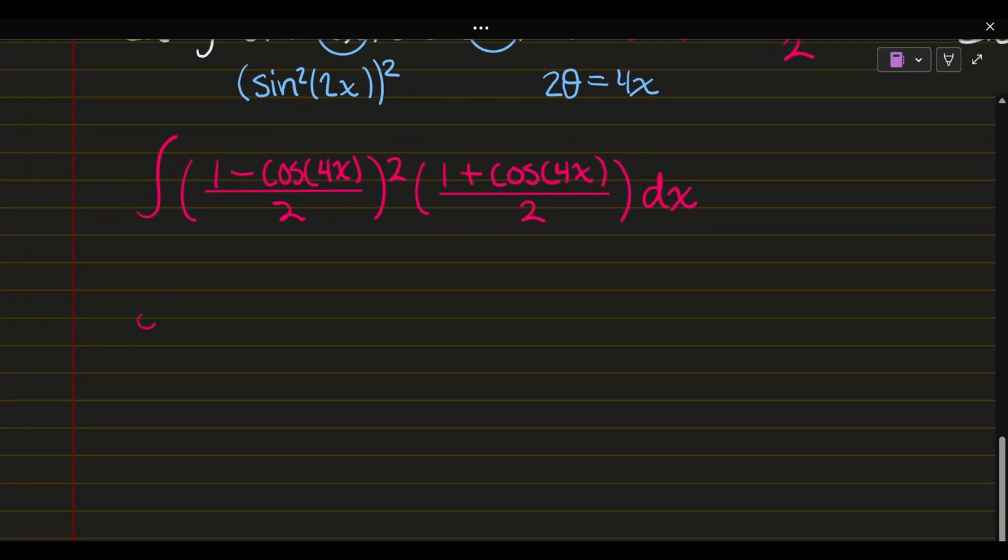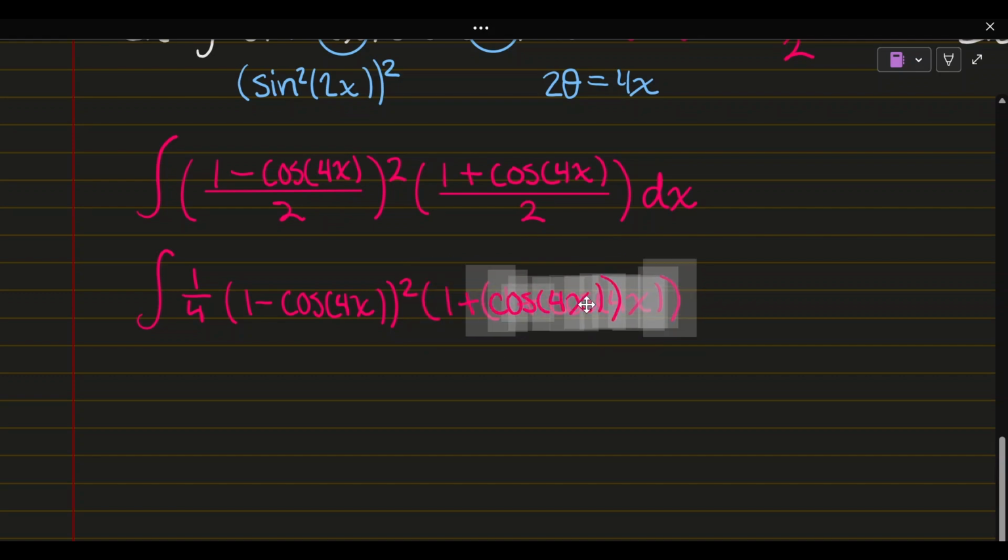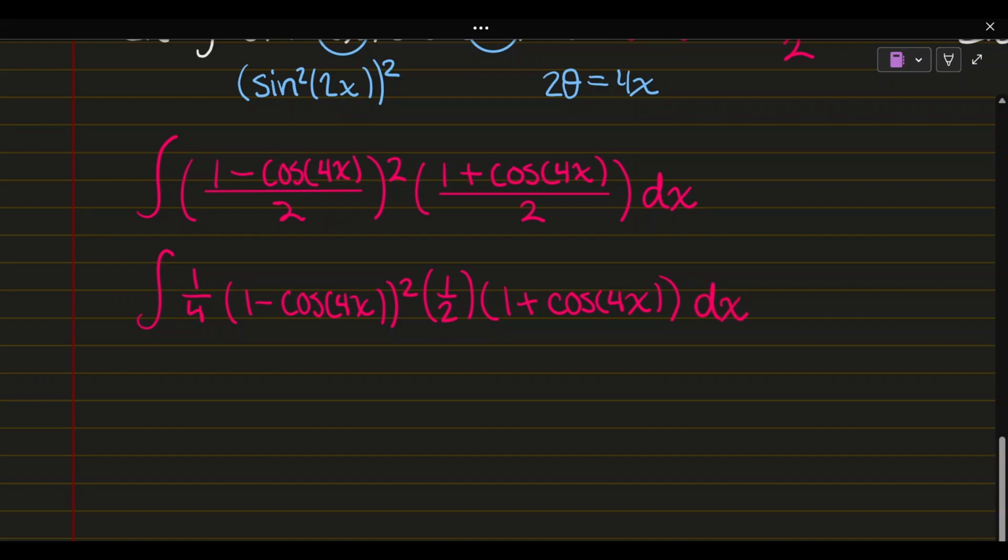So this is going to be the integral of 1/4, which comes from this 2 being squared here, of 1 minus cosine 4x squared times 1 plus cosine 4x. And then I'm going to pull out that 1/2 as well, dx.